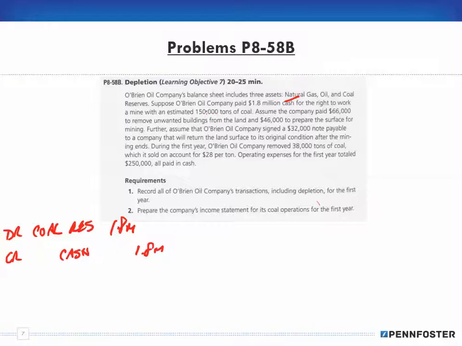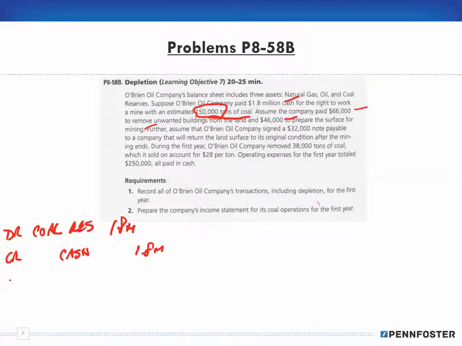Assume the company paid 66,000 to remove unwanted buildings from the land and 46,000 to prepare the surface for mining. Remember back in the theory videos, as far as assets are concerned, any costs associated with an asset before it's actually put into operation become a part of that cost.